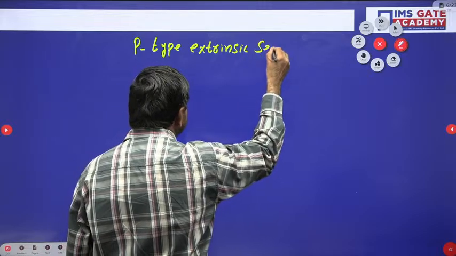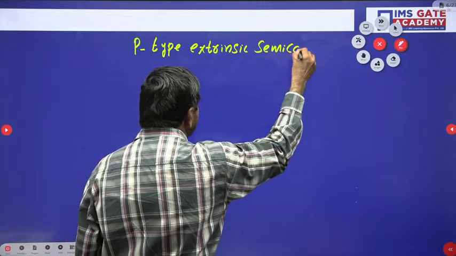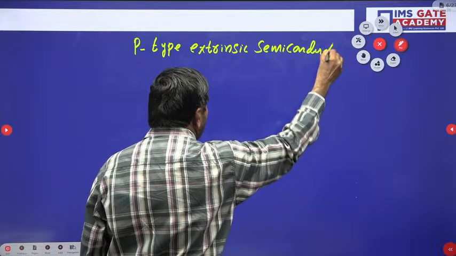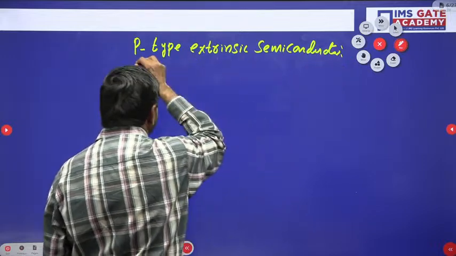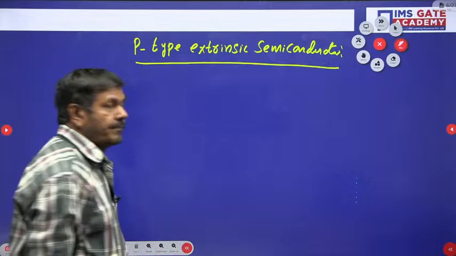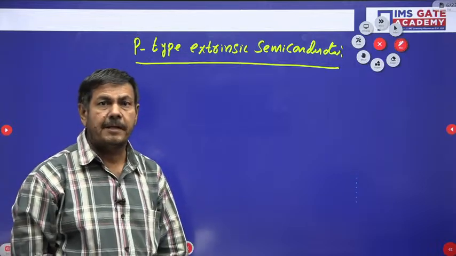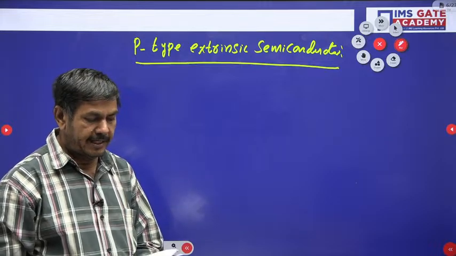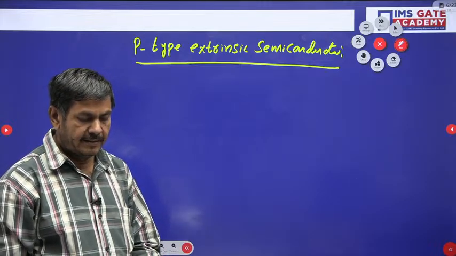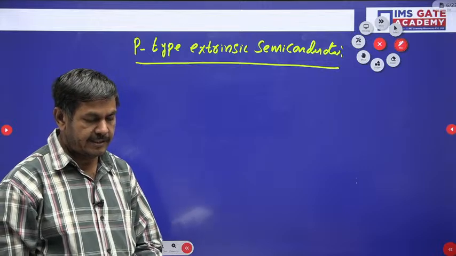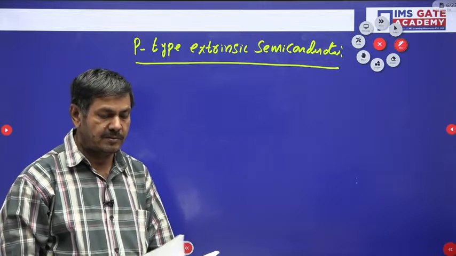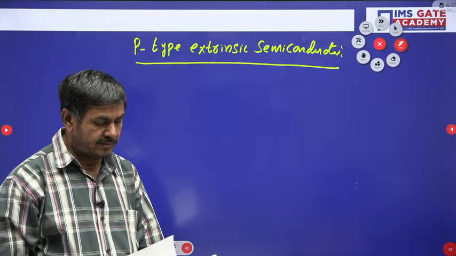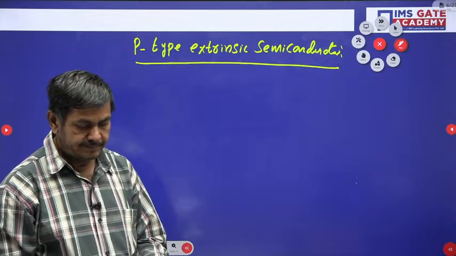I would like to explain the p-type extrinsic semiconductor: how it is formed and how the energy band diagram is to be plotted. I want to explain that here. Understand my point, I will give some information now.